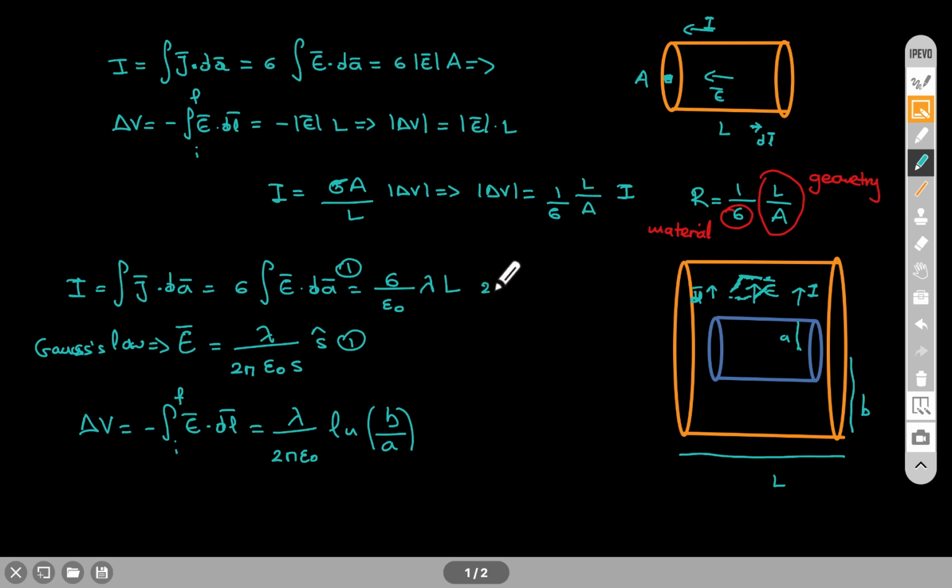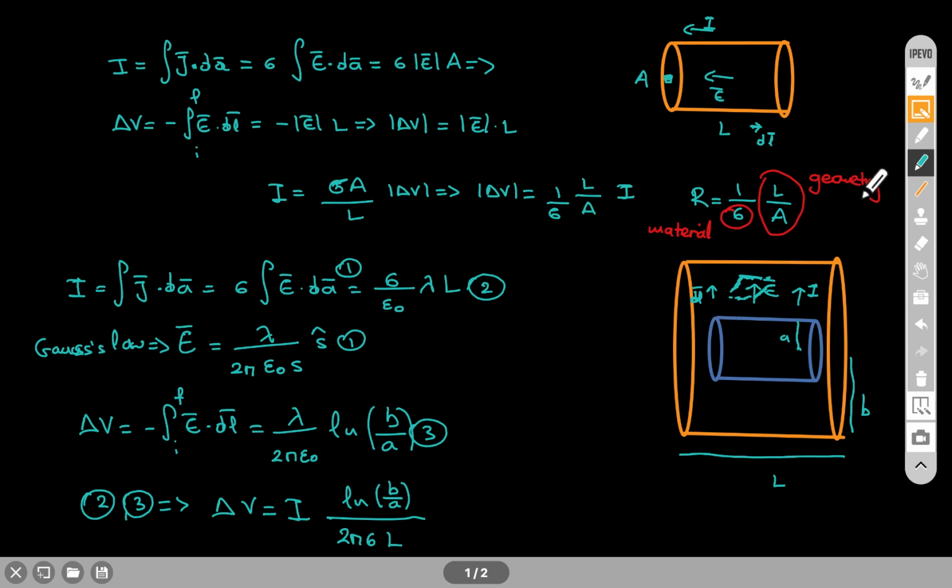But at the end of the day, let's call this equation 2, let's call this equation 3, and using equations 2 and 3, we'll get delta V equals I, and now I want to remind you that delta V equals IR, as I said before, and this means that this is going to be your resistance.